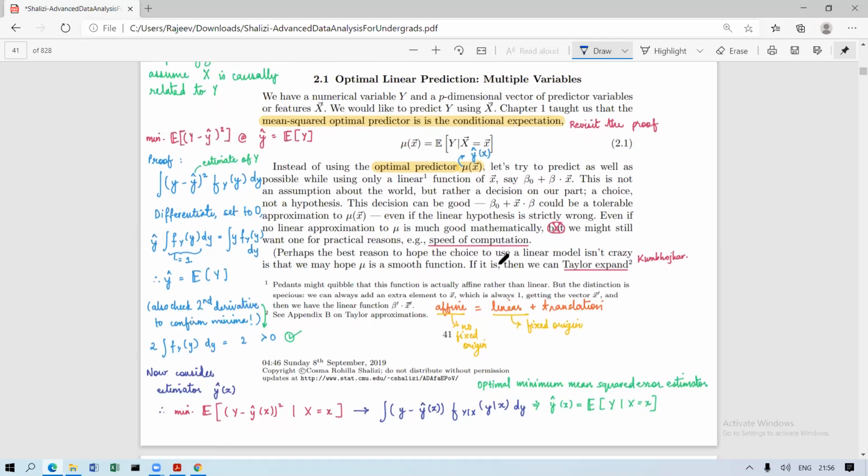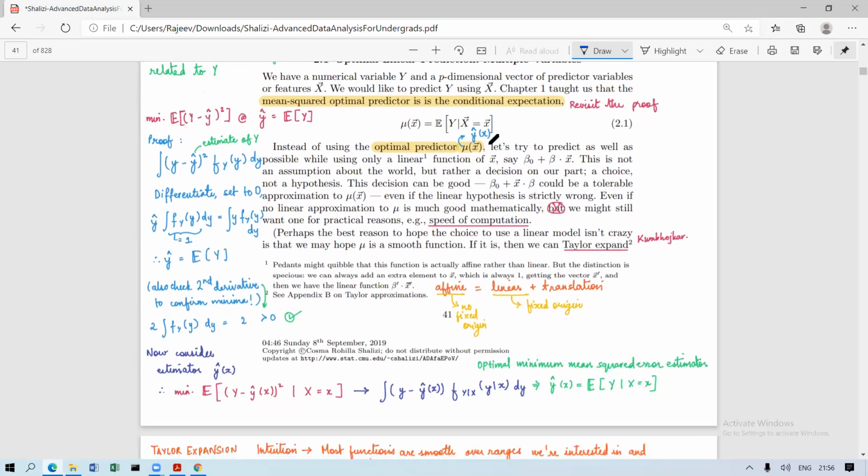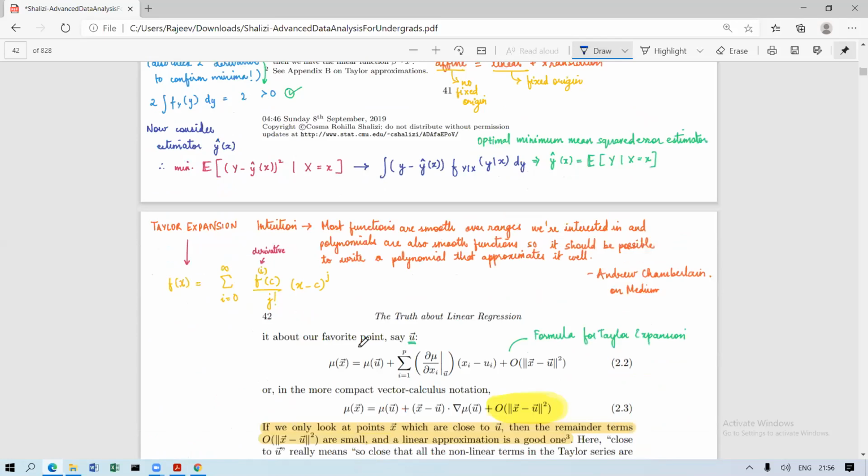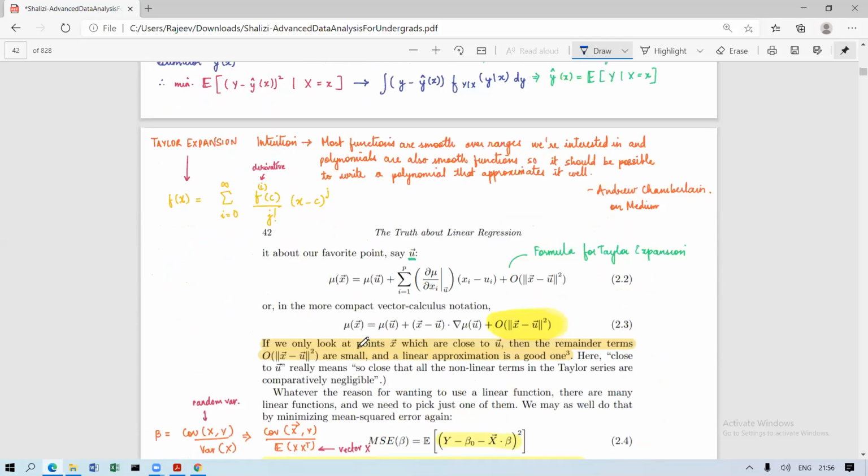But why does it make sometimes sense to decide that y is linear in x? Because of the Taylor expansion: if you are just interested in points near the x you want to predict, then if you Taylor expand the function, you can imagine that the higher-order terms don't contribute much because x is far away from them, and this is what you are left with.